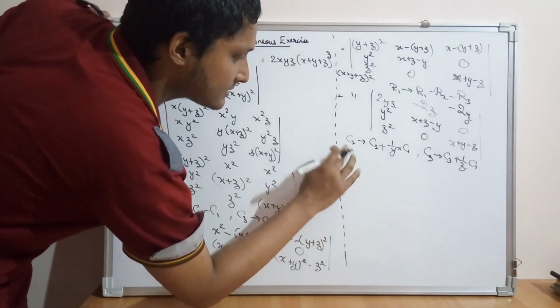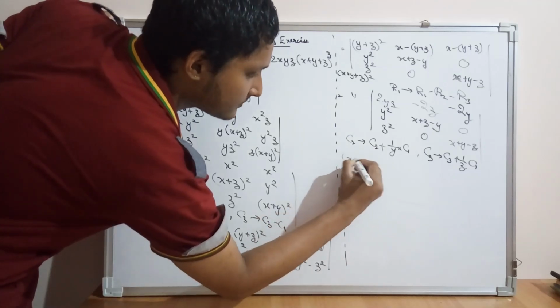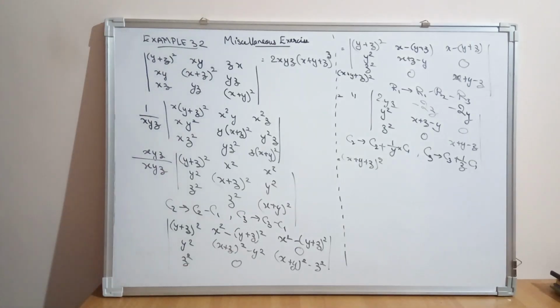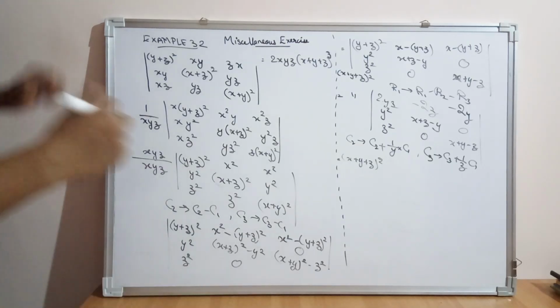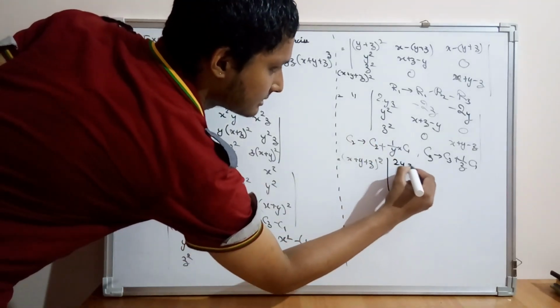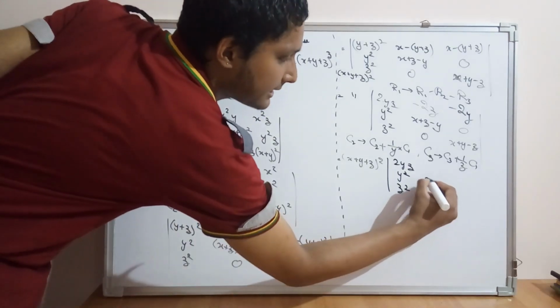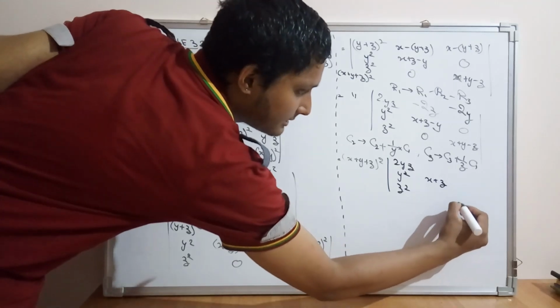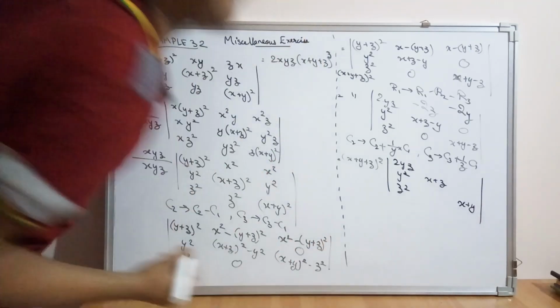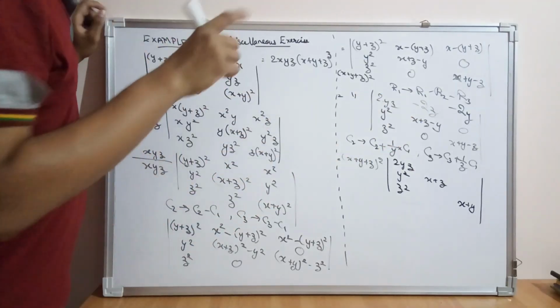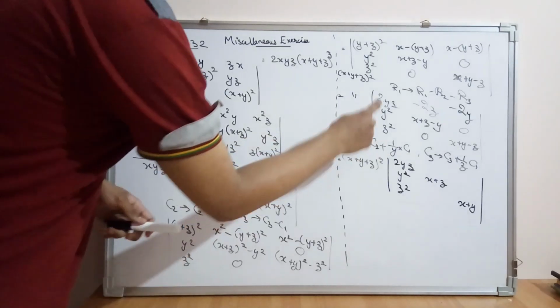The first column is going to be as it is, and you already have the x plus y plus z whole square. Now the first column is as it is, so we'll see how it is going to be. So the first column is 2yz, y square and z square. Here it was x plus z. I need to get rid of that. Here also it was x plus y. Then here 2z was there. 2z plus 1 by y times this.